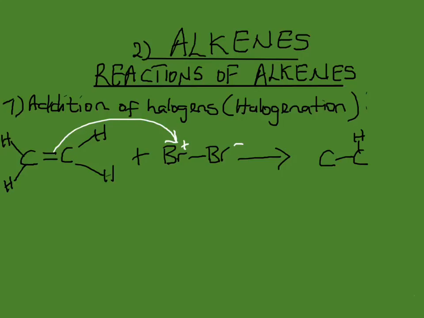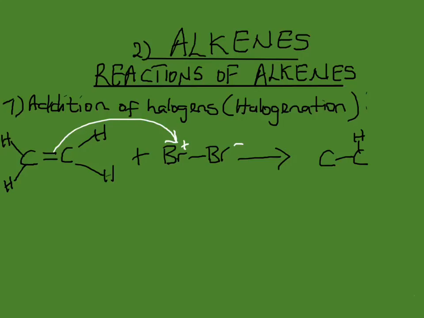Bromine has a dipole moment. We earlier said all the halogens are diatomic molecules, and as such they'll be polarized to give us dipole moments, the reacting electronic species. There you see a bromine with a positive sign and a bromine with a negative sign.